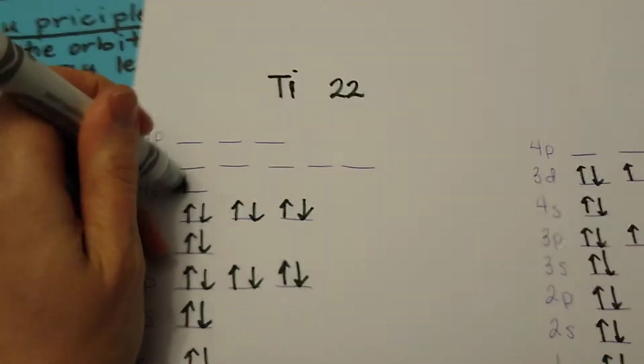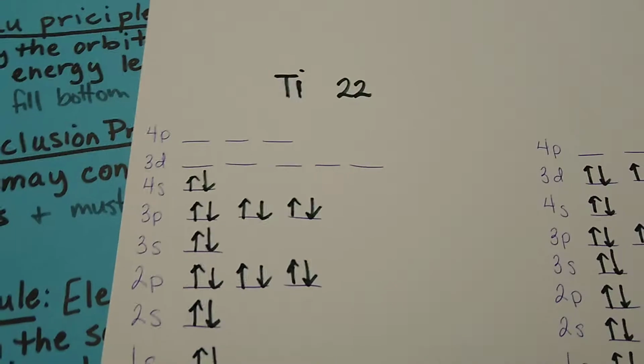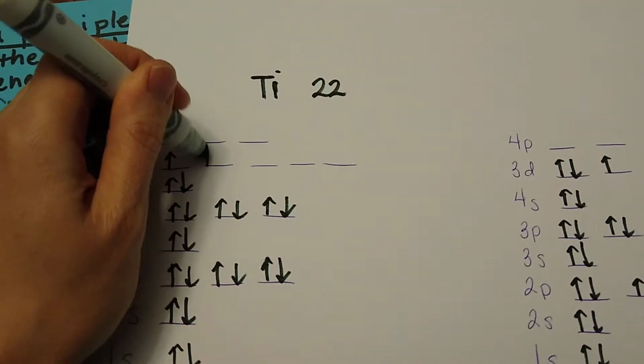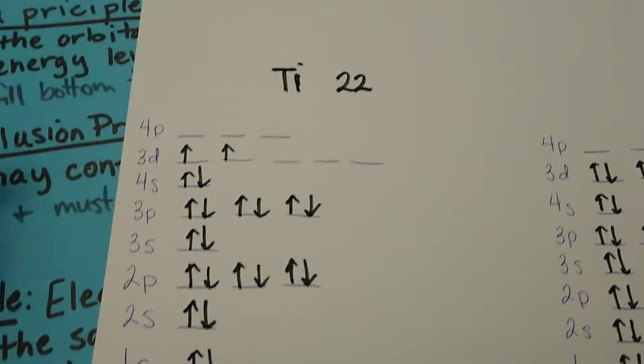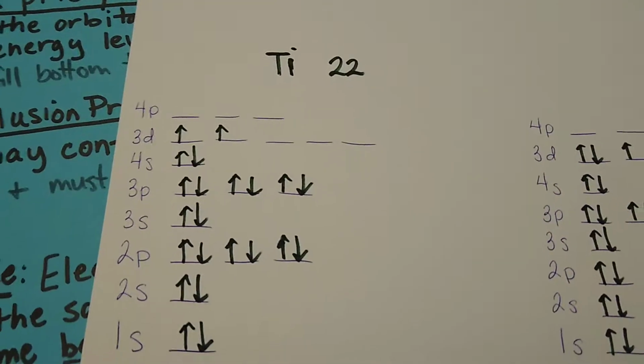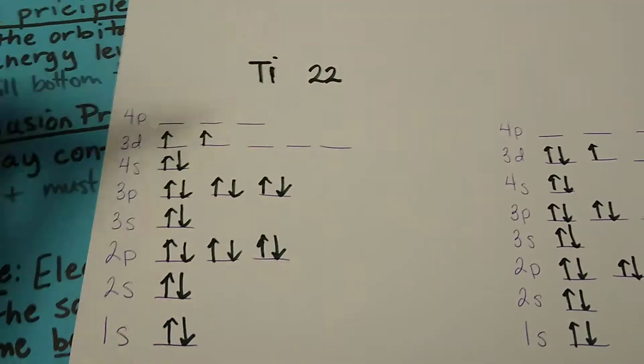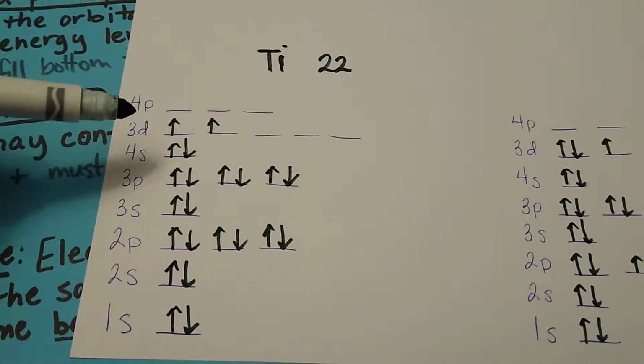Okay, 19, 20, and we have 2 left, 21, 22. We would not pair those last 2. So find the element, find its atomic number, and then you can fill in the Aufbau diagram.